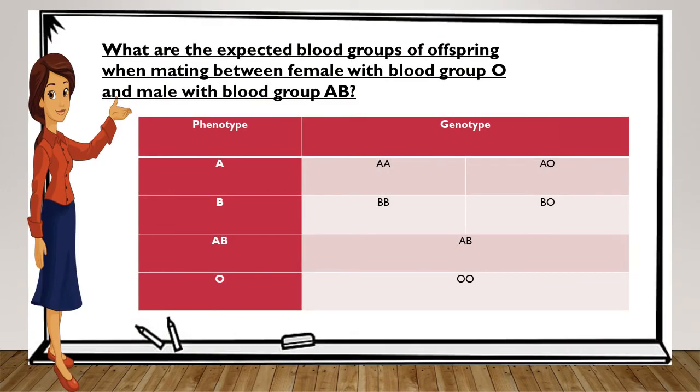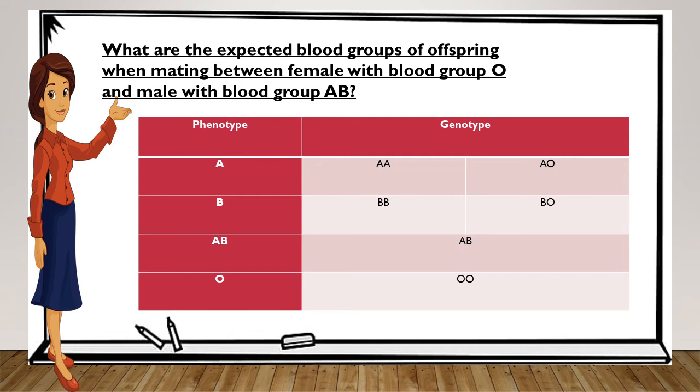So the question here, what are the expected blood groups of offspring when mating between a female with blood group O and a male with blood group AB? So we can make a problem on a separate paper. We have a male with blood group AB, so its genotype is AB also, because we have to write the genotype during the problems of genetics.